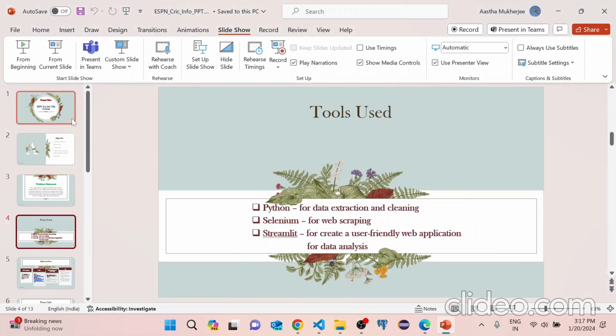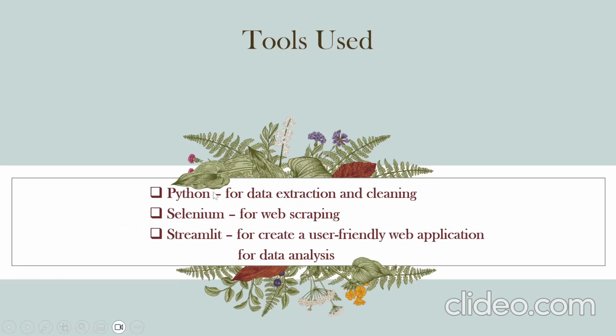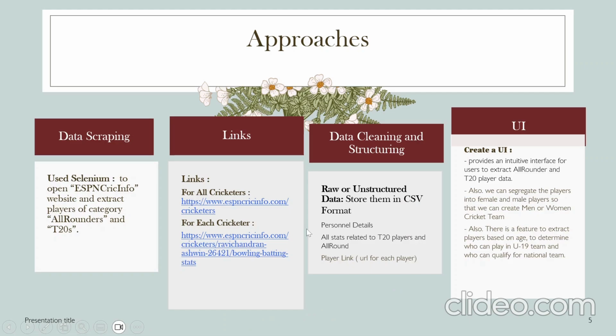Okay, so the tools that have been used are Python for data extraction, cleaning and structuring into proper format, Selenium for scraping, and Streamlit for the UI. These are sample links that I have referred to in order to extract the data.